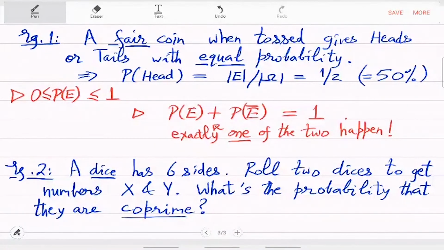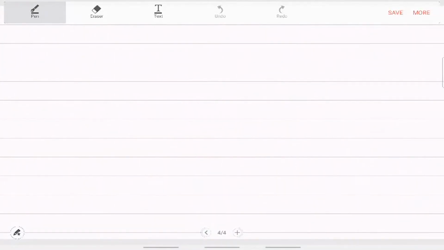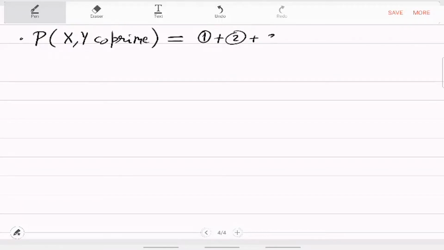So, how do you solve this? Right, given your basic understanding, you count all the possibilities. So, probability that x y co-prime. So, you look at the case, let us divide this into x equal to 1, x equal to 2, x equal to 3, x equal to 4, x equal to 5 and x equal to 6.